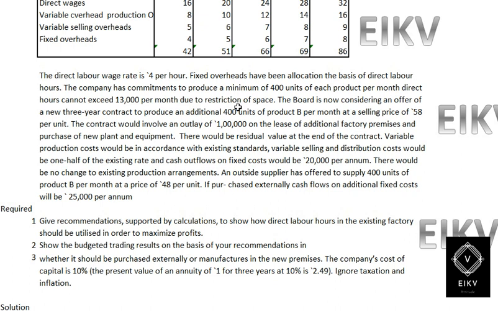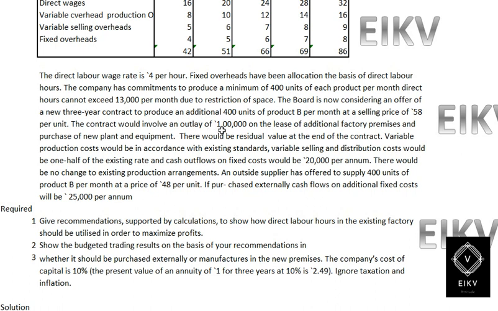Due to restriction of space, the board is now considering an offer of a new 3-year contract to produce an additional 400 units of product B per month at a selling price of rupees 58 per unit.